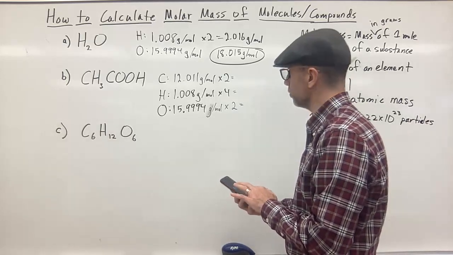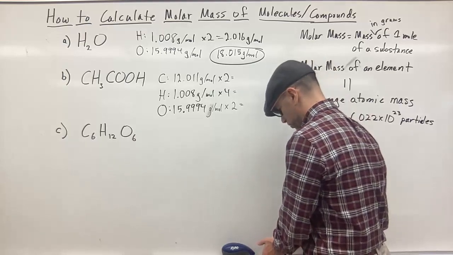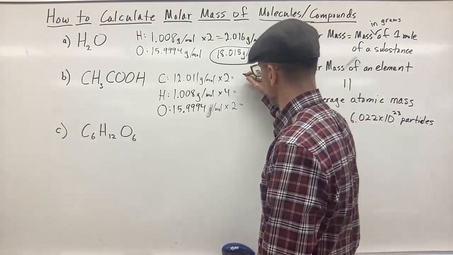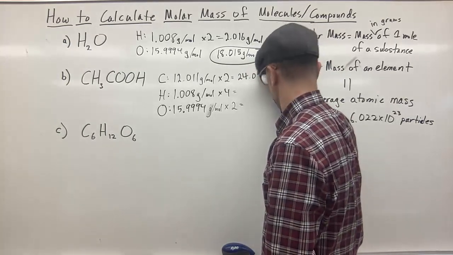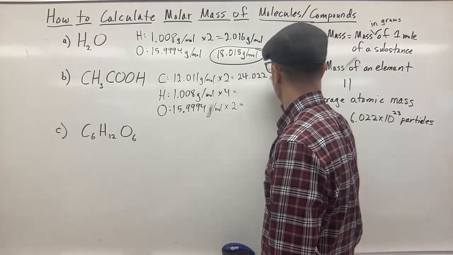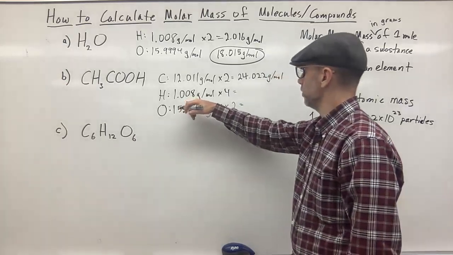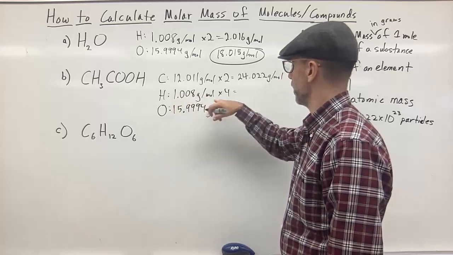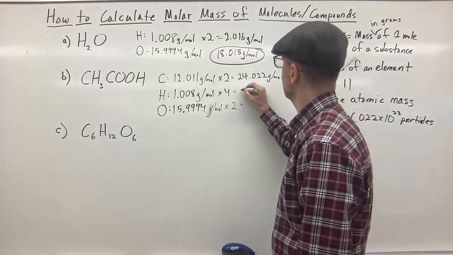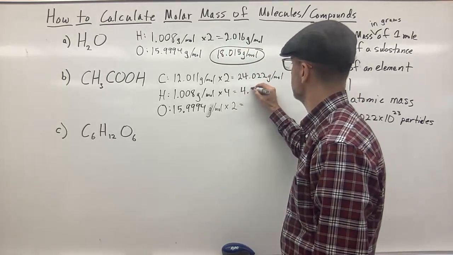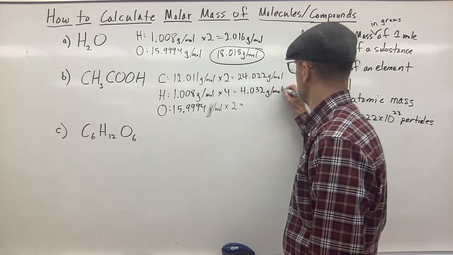So 12.011 times 2 equals, and that gives me 24.022 grams per mole. And then this is going to be 1.008 times 4, so it's going to be 4.032 grams per mole.